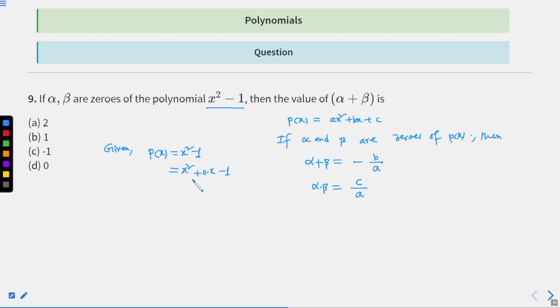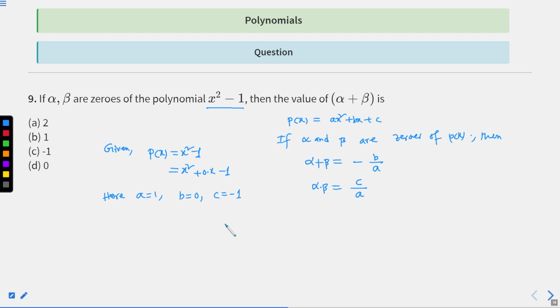If we compare this equation with ax squared plus bx plus c, then you will get a equal to 1, b equal to 0, and c equal to minus 1.